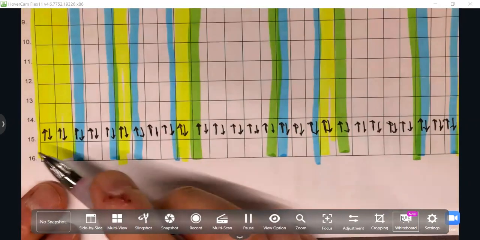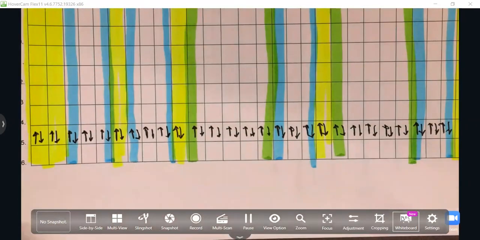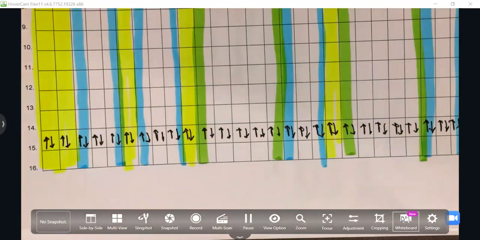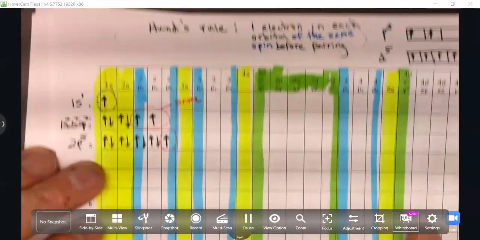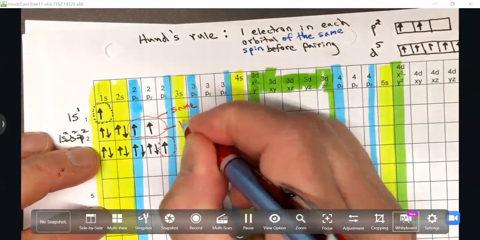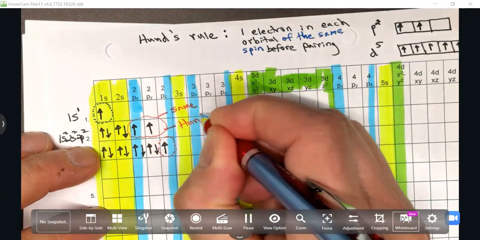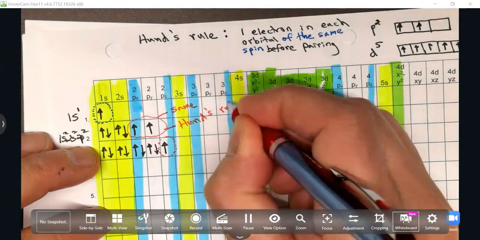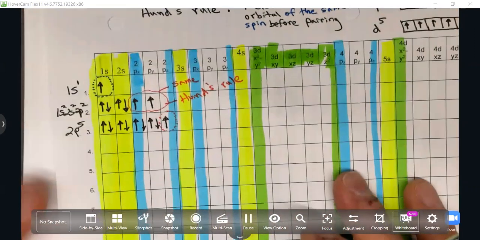Each box is an orbital. And again, this is Hund's rule, right? Those are pointing the same way.